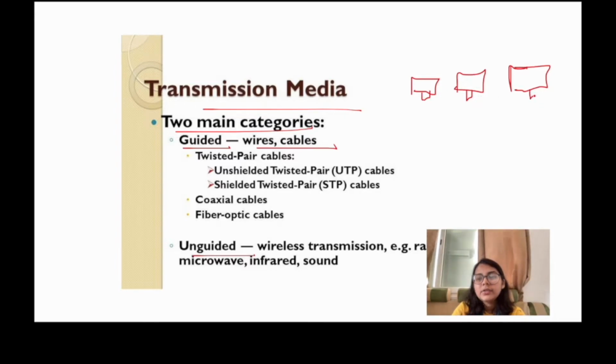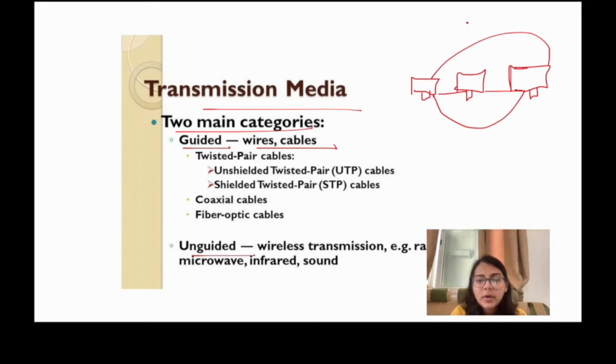If we want to connect these computers with the help of guided transmission media, we can use wires. Here you can see I am using different wires that are interconnected to each other. And if you want to use cable, that is also possible with guided media.